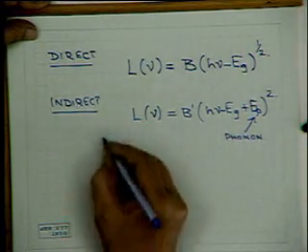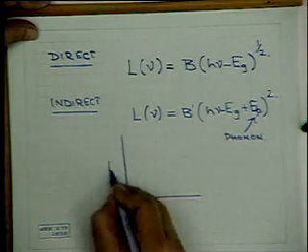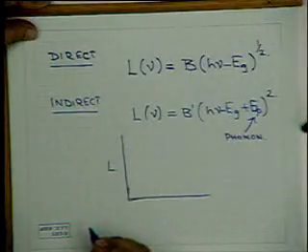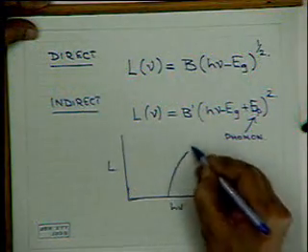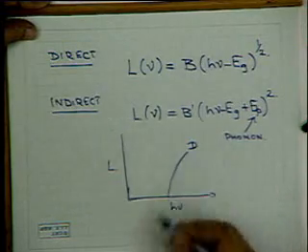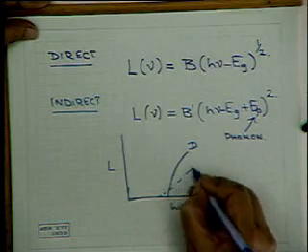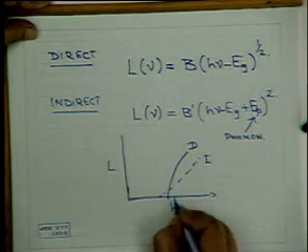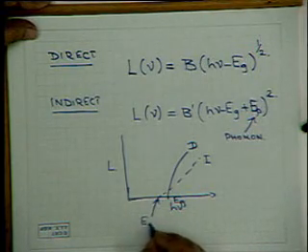Therefore if we plot L against h nu, we find for direct gap, light emission increases in that fashion, and for indirect gap, whereas the cutoff here is Eg, for indirect gap it is Eg minus Ep.